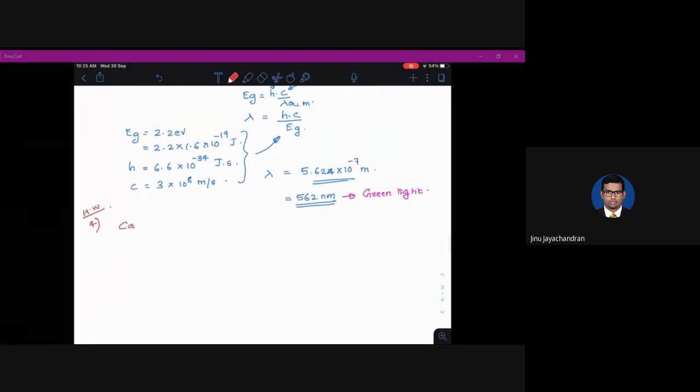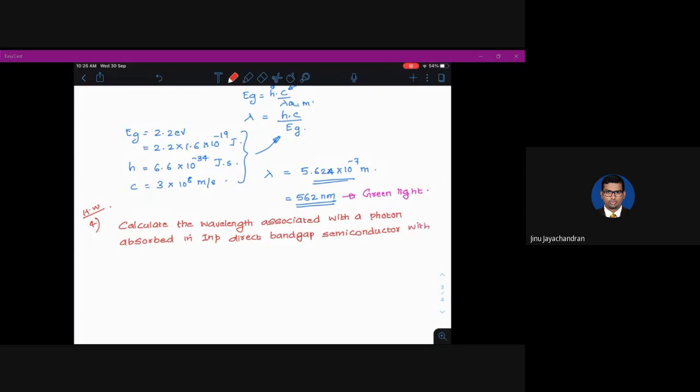Calculate the wavelength associated with a photon absorbed in indium phosphide, a direct band gap semiconductor, with Eg equal to 1.35 electron volt at room temperature.